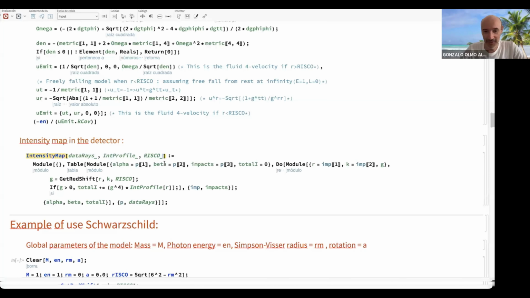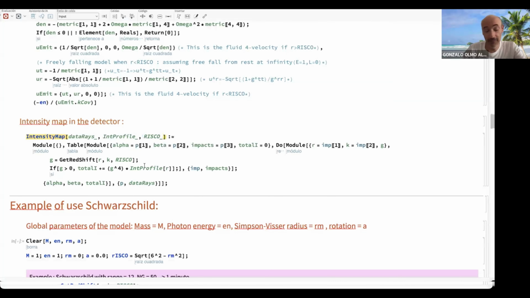It works, and I'm just warning you about that because I don't remember exactly. I remember I had some difficulties encoding the ISCO, and I know I had to make a specific function to compute the ISCO for different models. But I think that for this kind of metrics, it is correct. And if it is not, then I'm just warning you about that.